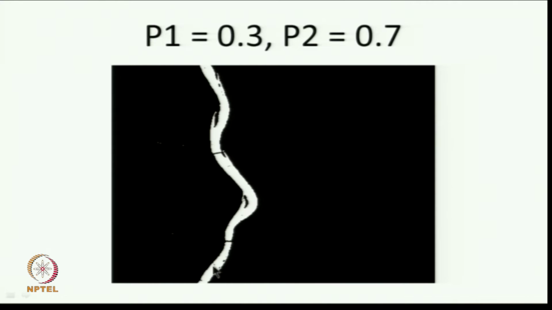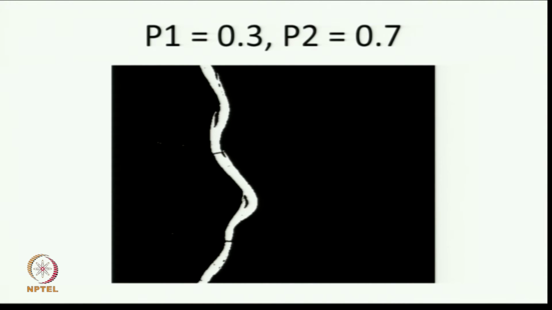And there are some small dots here. So, these dots are all misclassified. But note that there are some points here and there are some points here, the non-river portion, that have come into river. So, there are a few points, but as you can see, most of the pixels are classified properly.